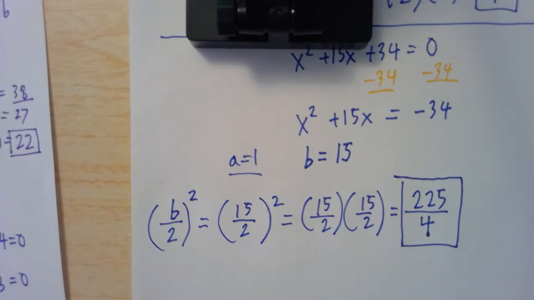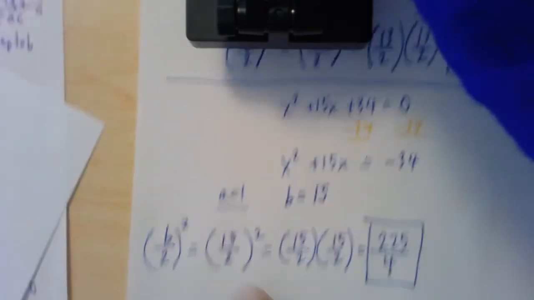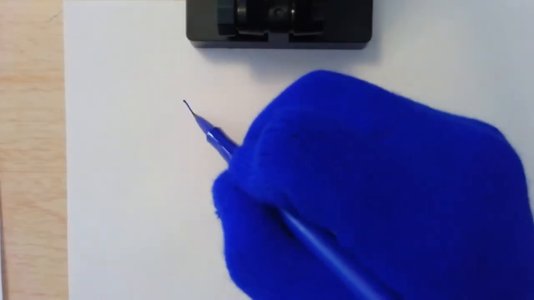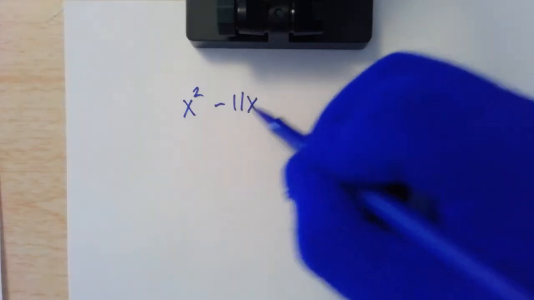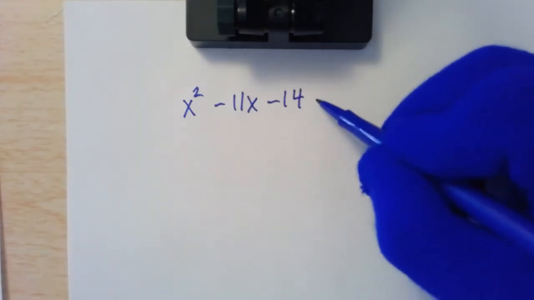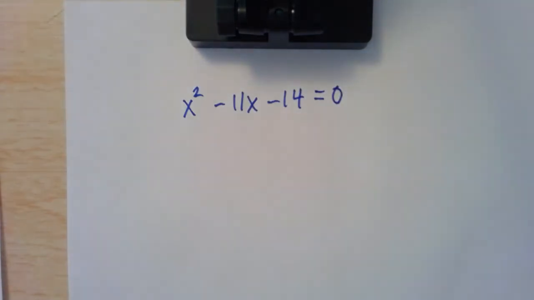Let's do one last example. Do some practice and make sure that we're strong. So one last example, and then I'll let you go to work. So I'm going to have x squared minus 11x minus 14 equals 0. What's the first step?